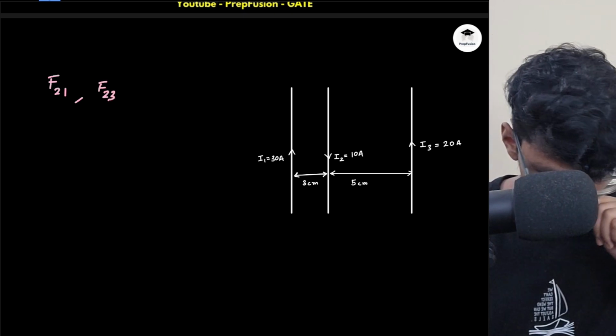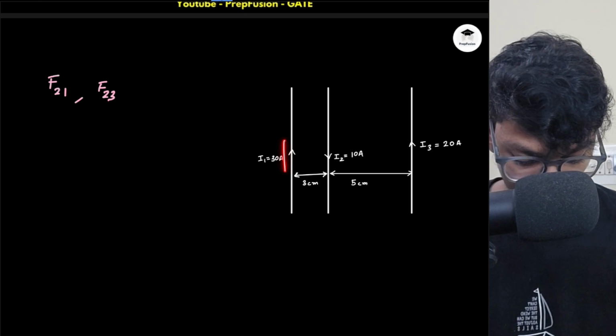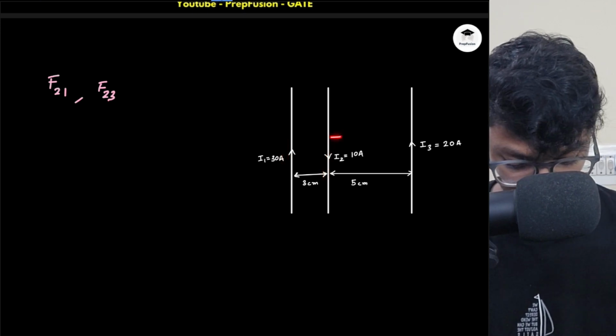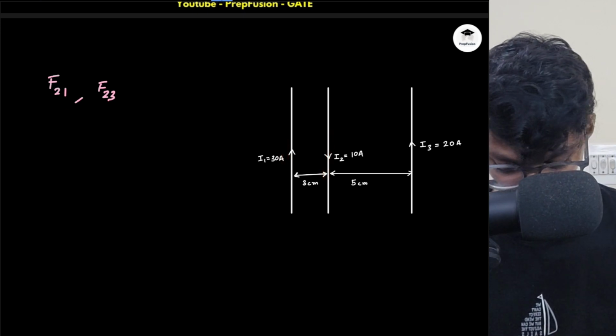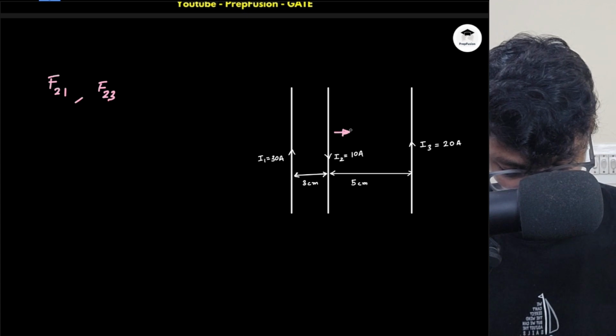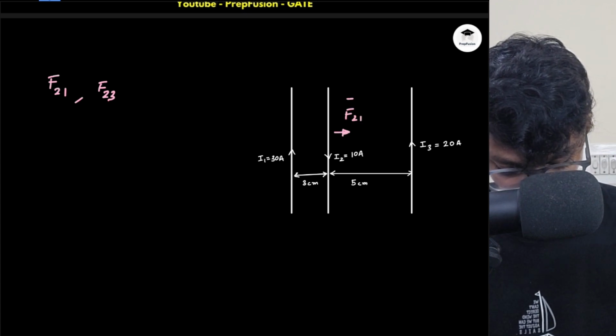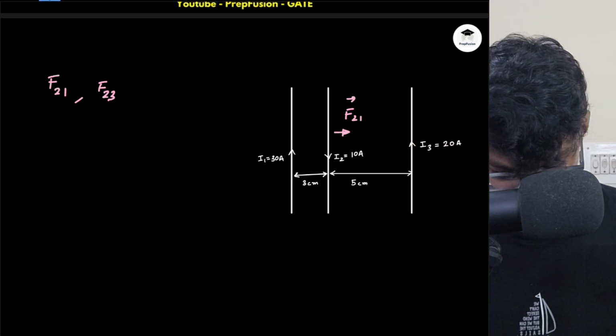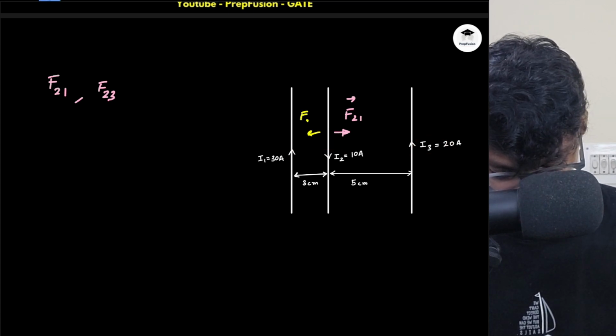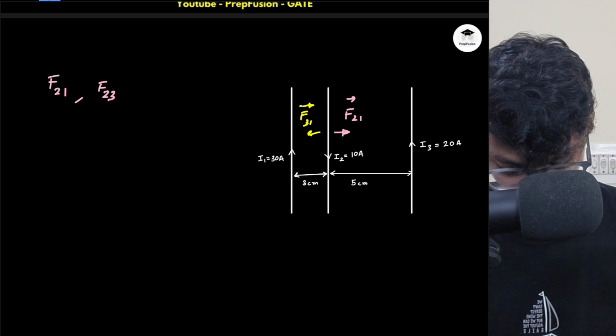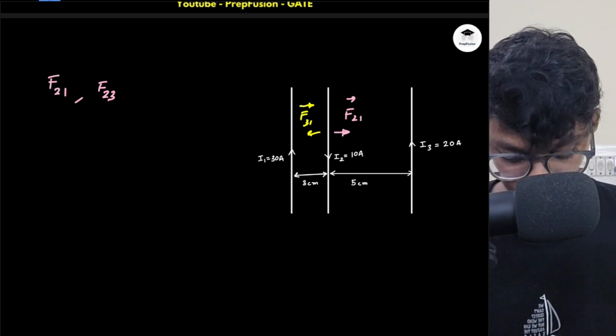What will be the direction here? Both currents are in opposite directions, so both will repel. So this will get repelled in this direction, F21 will be in this direction, and F31 will also repel it, in this direction. So they will be opposite to each other. Don't worry, I will derive the direction as well, but I am explaining with the shortcut method.